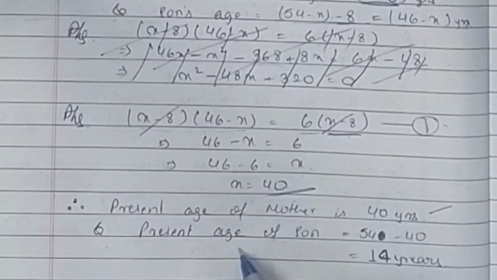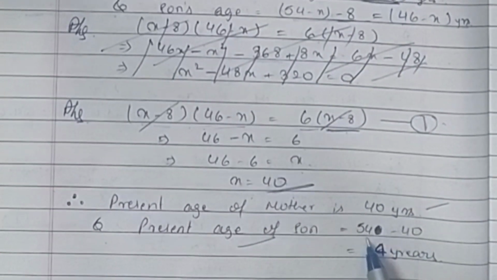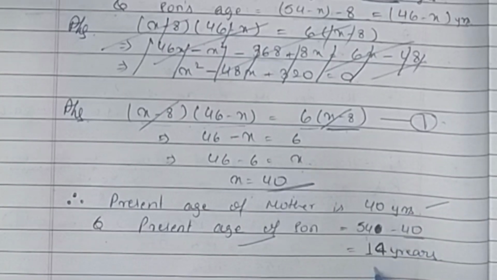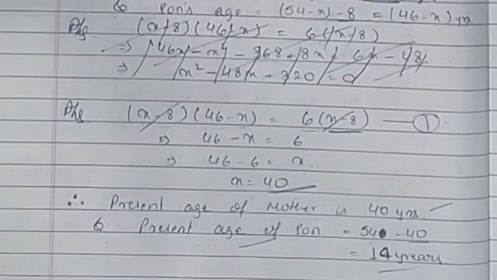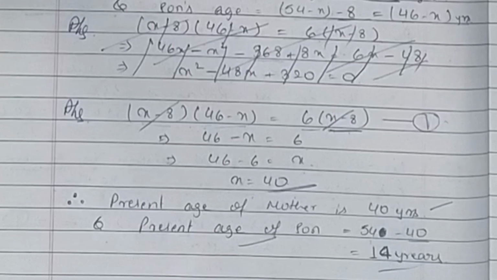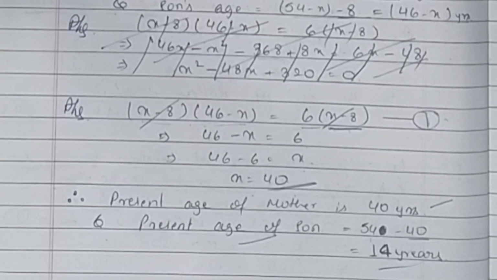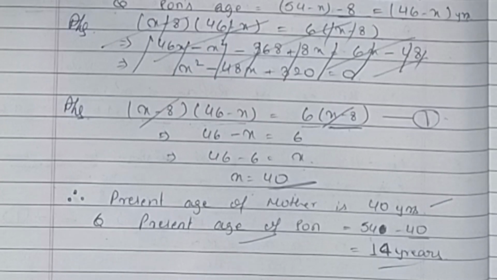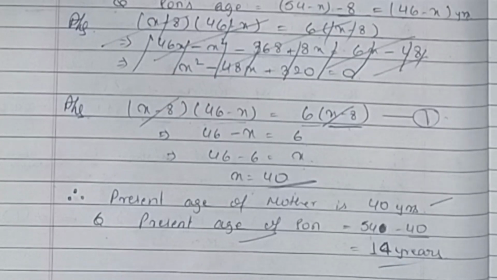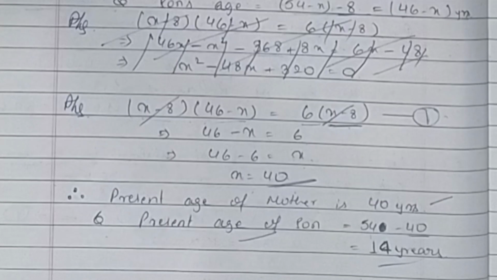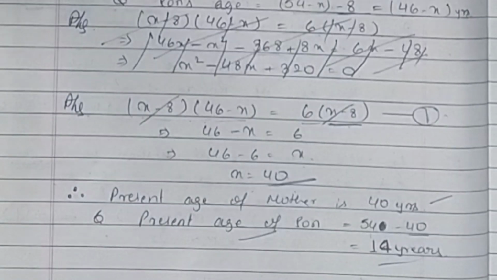Hence, the present age of son becomes 54 minus 40, which is equal to 14 years. And in the question, we have to find the present ages of son and mother. Hence, the present age of son is 14 years and present age of mother is 40 years.